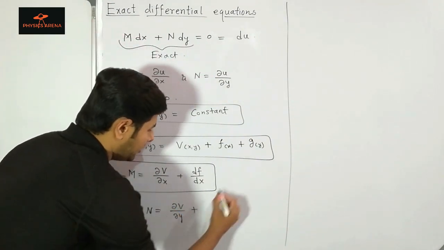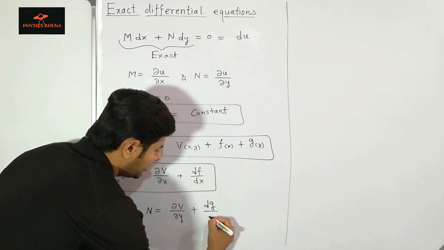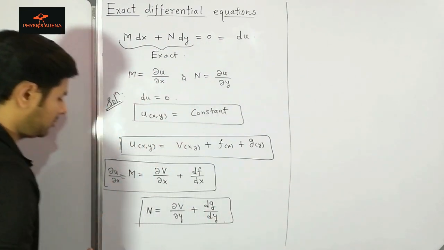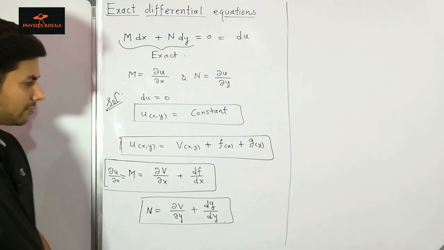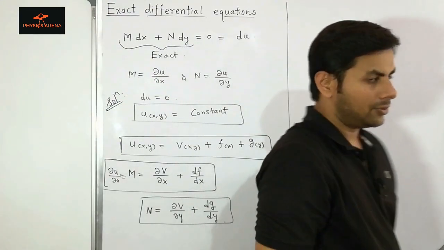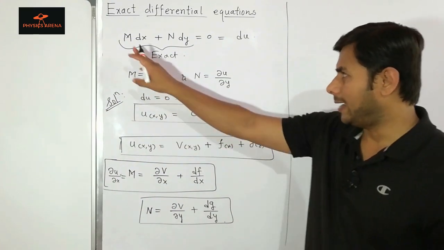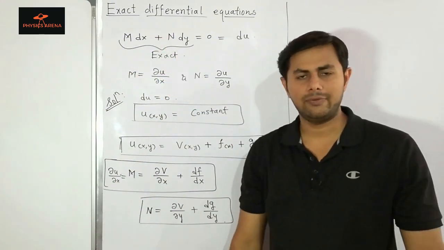So we are left with the derivative of g with respect to y. Okay, so now u is unknown, we need to find u, and we have m and n as given.